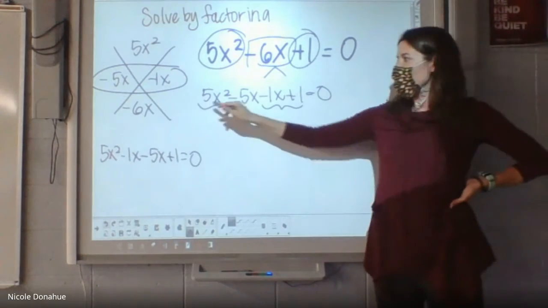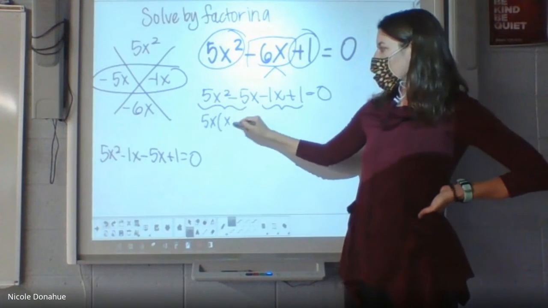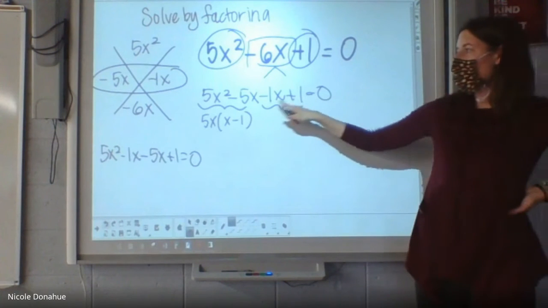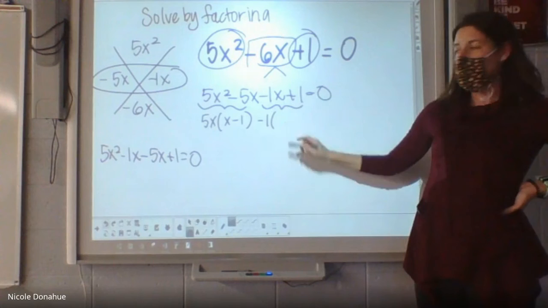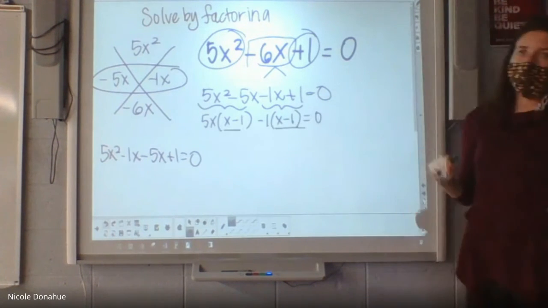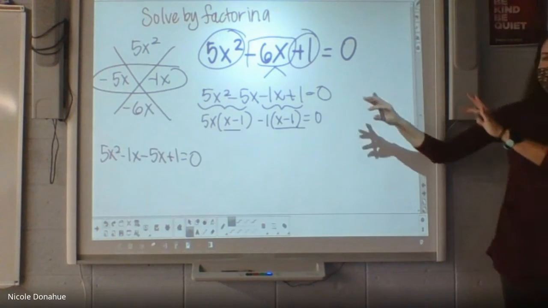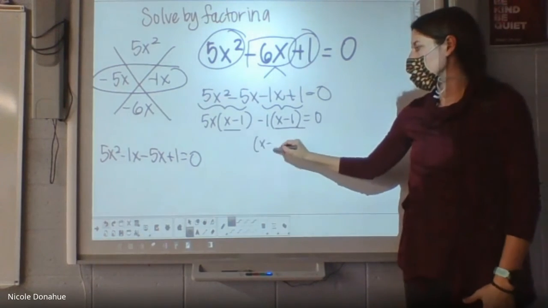All right, so you can pull out the 5x. I'm left with x minus 1. Out of these two, I want them to match. So I'm going to pull out a negative 1, and I'll be left with x minus 1. So again, these should always match if I'm doing this correctly. If you did the opposite order, it'll be slightly different, but you'll get the same factors.